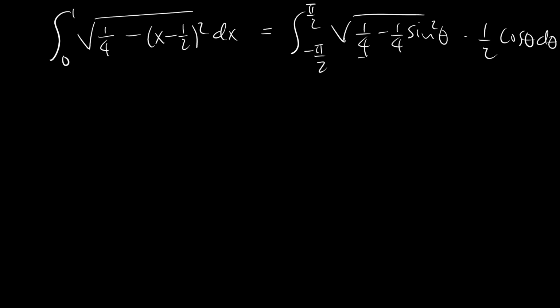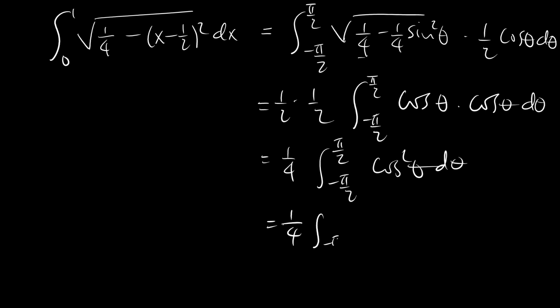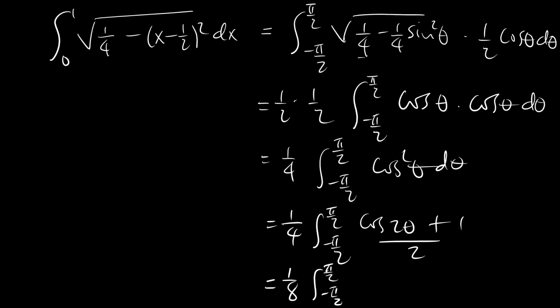So we can pull the half out after getting the square root of a quarter, so we have a half times this a half times the integral from negative pi over 2 to pi over 2 of 1 minus sine squared theta, square root is cosine theta, times cosine theta d theta, which is a quarter times the integral from negative pi over 2 to pi over 2 of cosine squared theta d theta, which is equal to a quarter times the integral of 1 over 2 cosine of 2 theta plus 1 over 2, which is 1 over 8 times the integral from negative pi over 2 to pi over 2 of cosine of 2 theta plus 1, right?